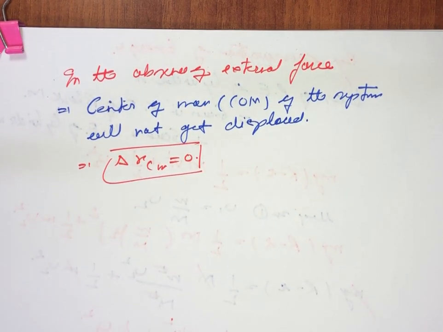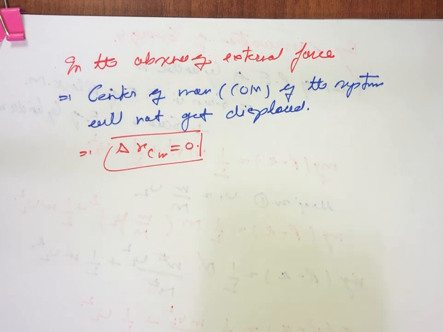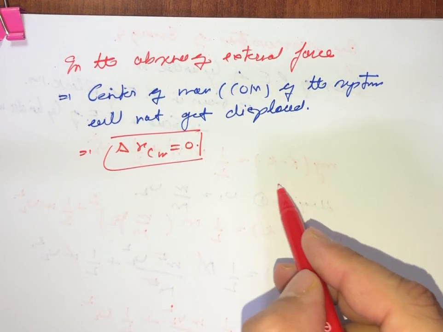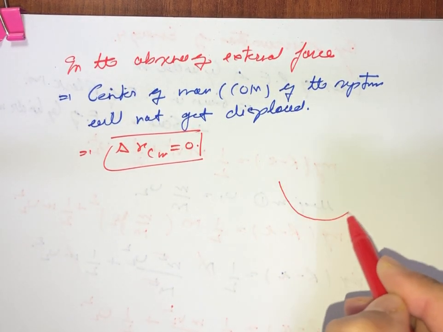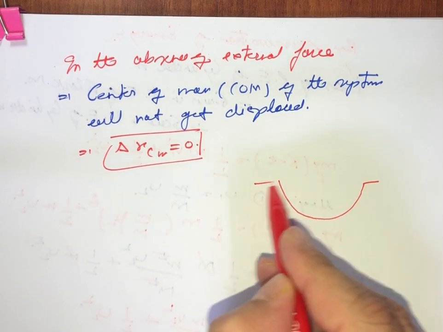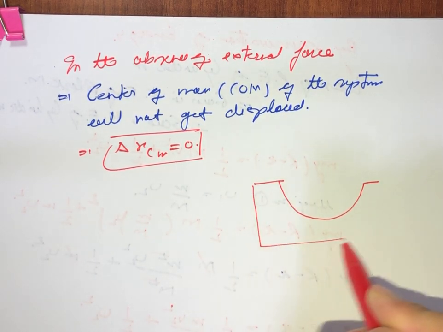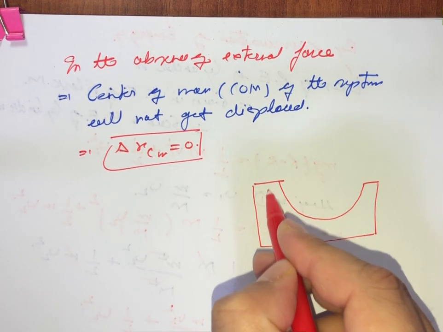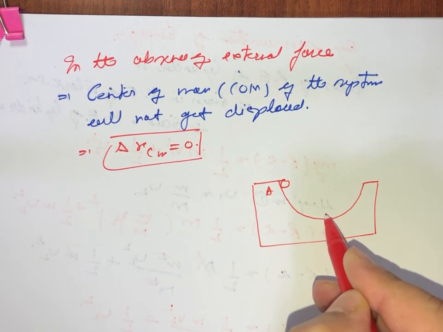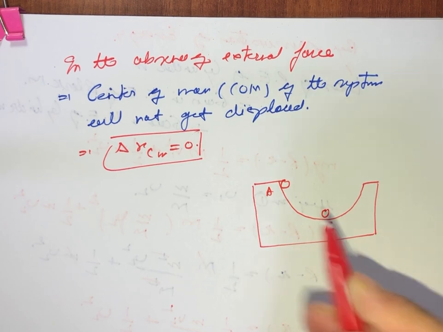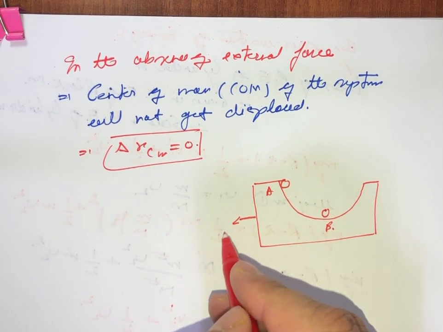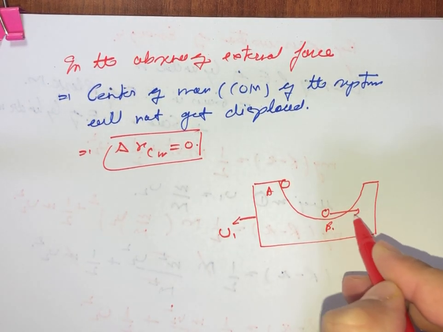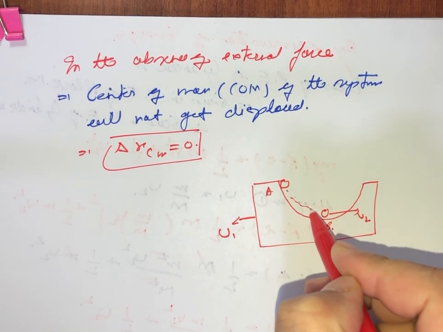So once again, let us draw the diagram. So this is point A, and this is B. This is moving with the velocity of V1, velocity of V2 in this direction.